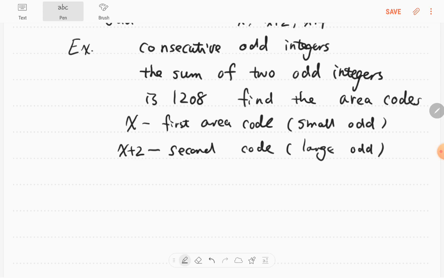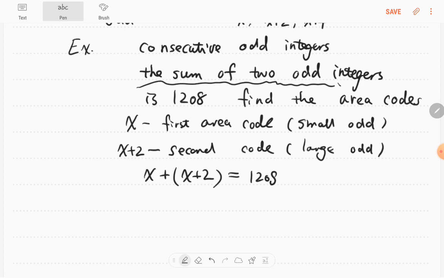And from this question, we know we have the sum. So all we need to do is just put them together. If you want, you can put the parentheses here. So first code plus second code. The sum, we already know the number, right?